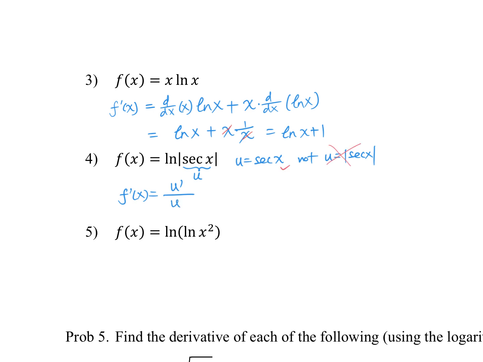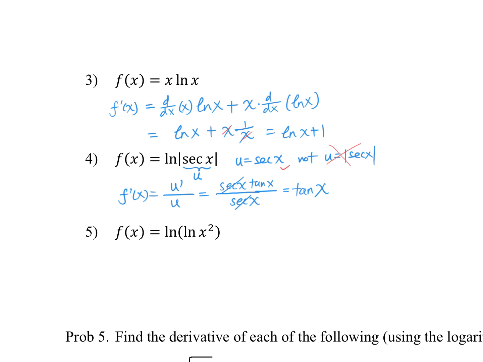So according to the chain rule, the derivative of the secant, which is secant tangent, over the u, which is secant, and secant cancels, and we're left with tangent x.